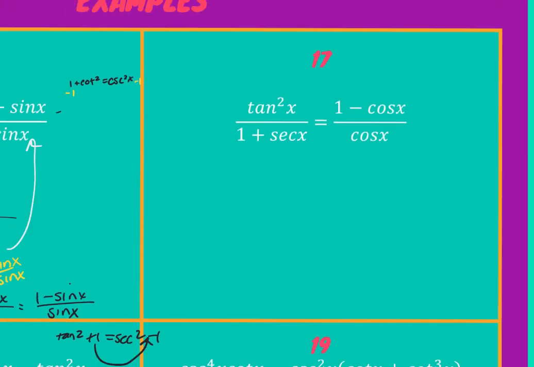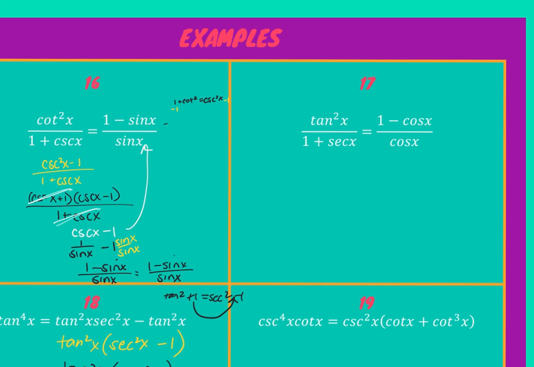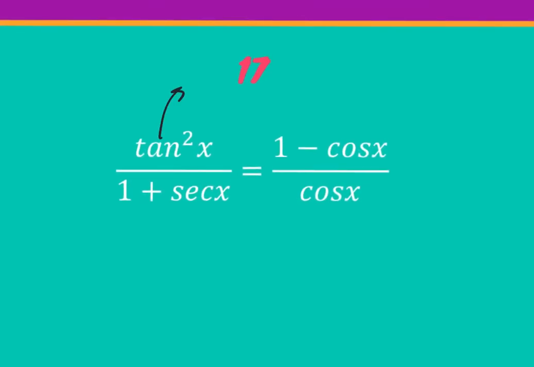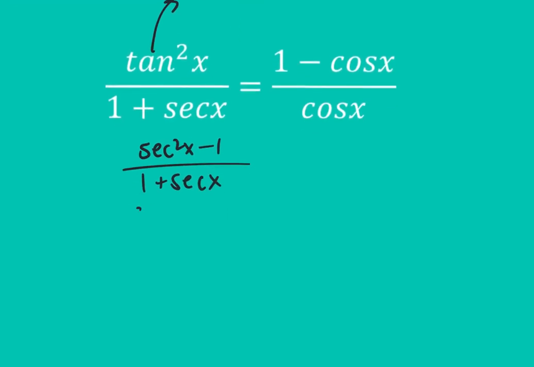Okay, 17 is pretty similar. So if I want to work with that left side, I would do secant and tangent. So tan squared plus 1 equals secant squared. So I'd get, move this over here, secant squared x minus 1 over 1 plus secant x. Factor your numerator: secant x plus 1, secant x minus 1 over 1 plus secant x.